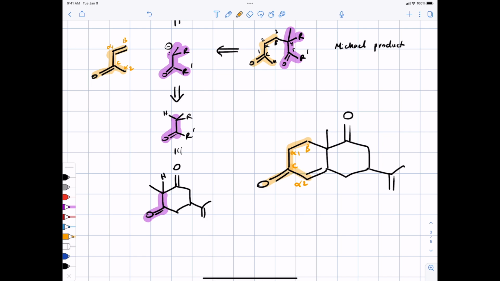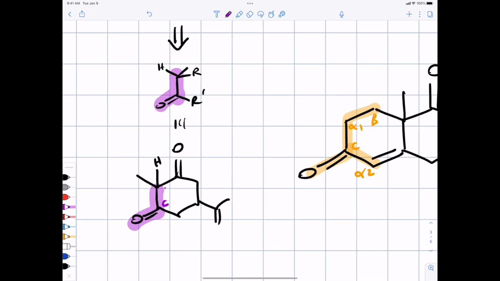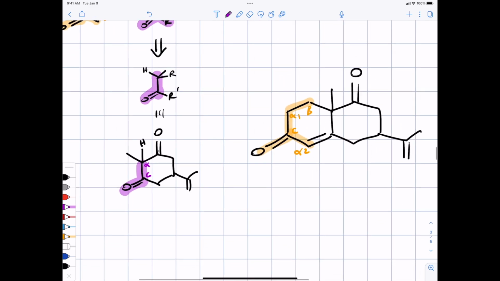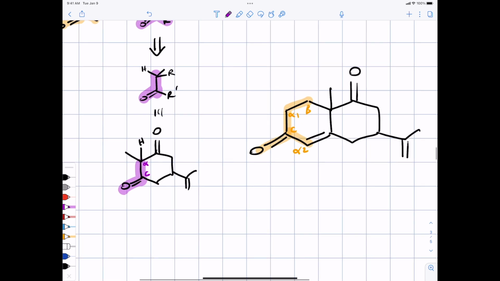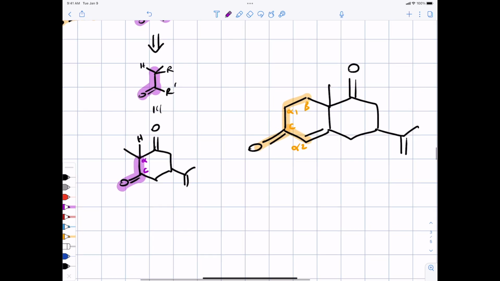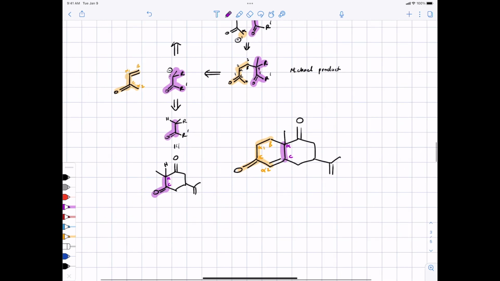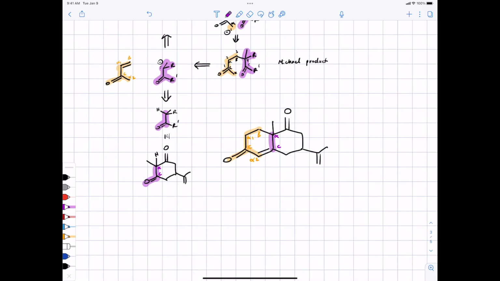Those carbons end up there. Here's my carbonyl carbon and my alpha carbon of my Michael acceptor, no, our Michael donor, our nucleophile, our enolate, and those carbons end up here. All right. Everything else is an appendage.